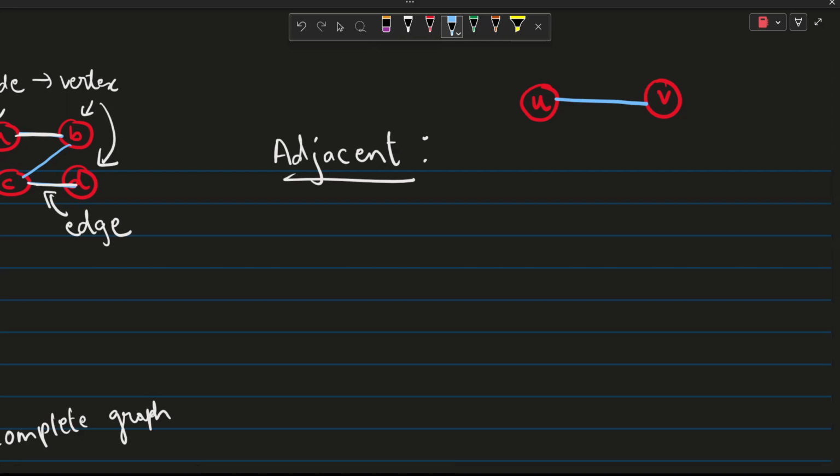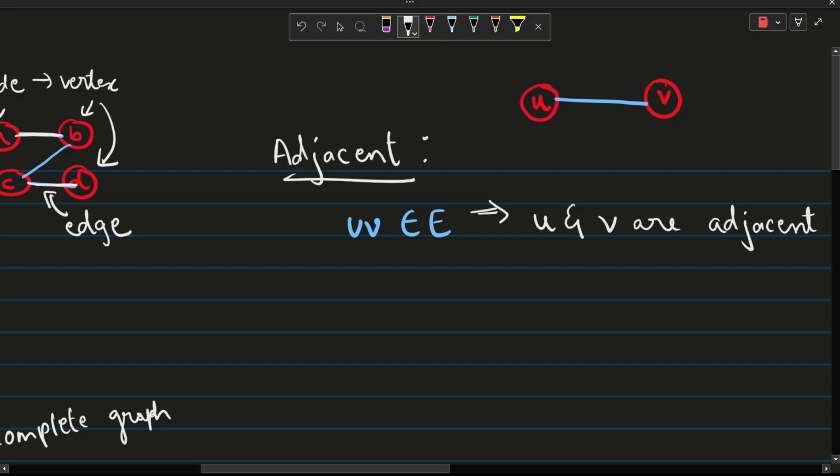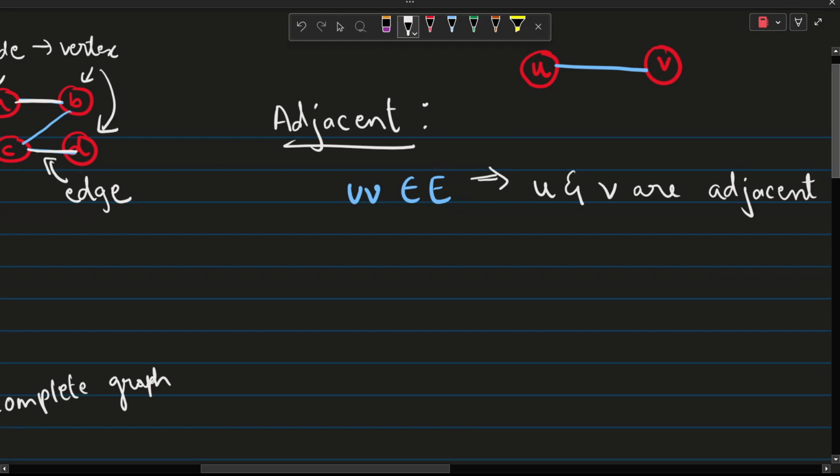This means that U is adjacent to V. That is, if UV belongs to edge set E, it implies that U and V are adjacent vertices.